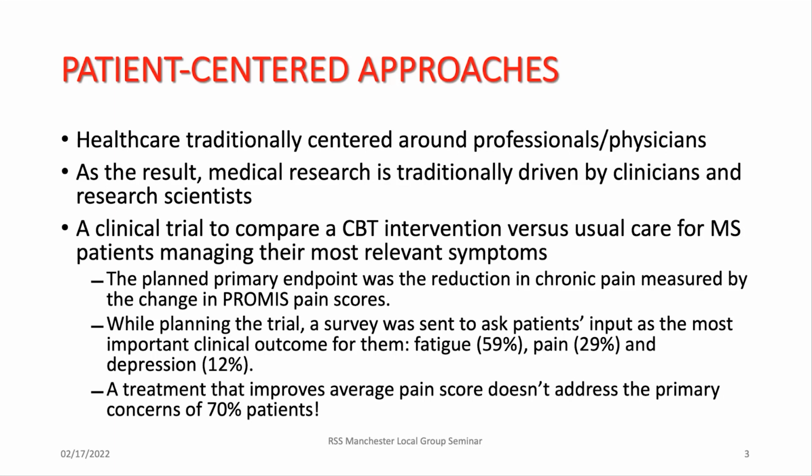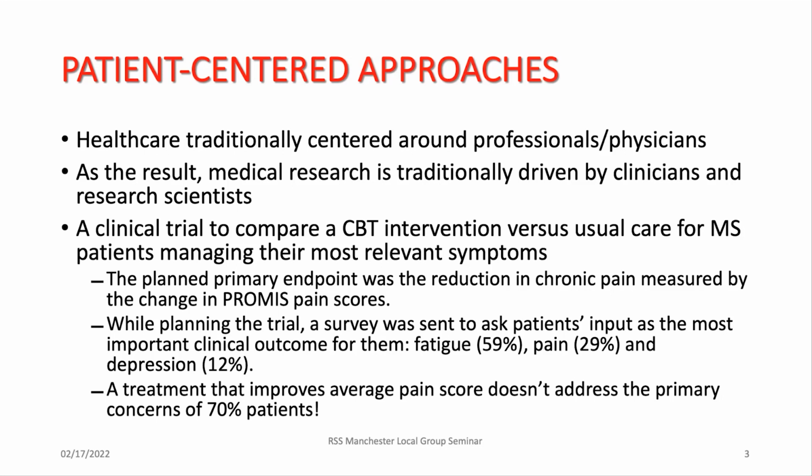While planning the trial and writing the grant, we had the opportunity to link to the internet through a patient advocate. We did a survey asking patients what the most important clinical outcomes are for them. When we received the input, almost 60% of patients said fatigue is the one they want to address, 29% said pain, and about 12% depression.